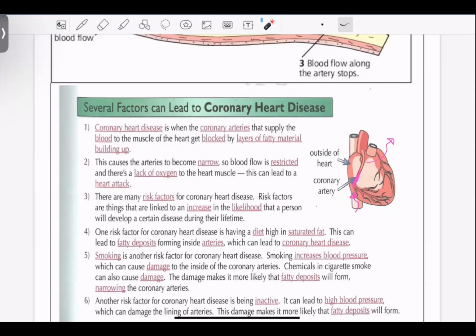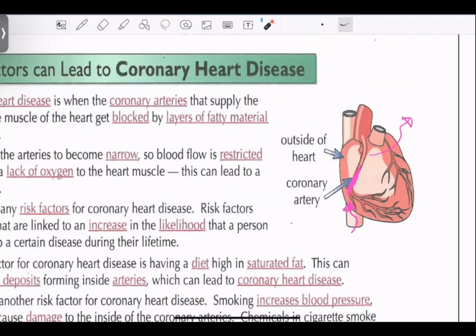Okay, so here we have several factors that can lead to this coronary heart disease. Fine. At the beginning, I'm going to explain again what is meant by coronary heart disease. We have, for example, in our heart here, the artery which is supplying the heart muscle with oxygen and glucose to make them pump or contract properly, and it is the coronary artery.